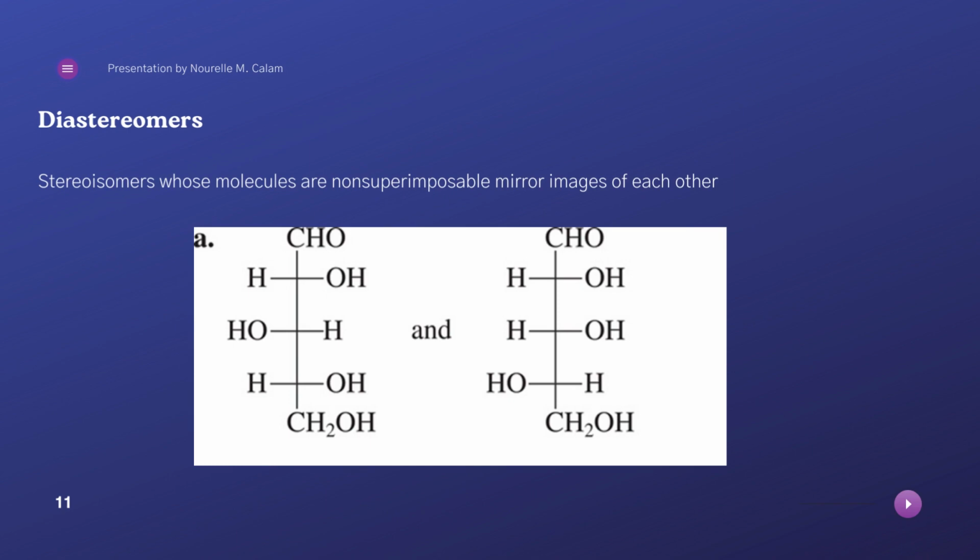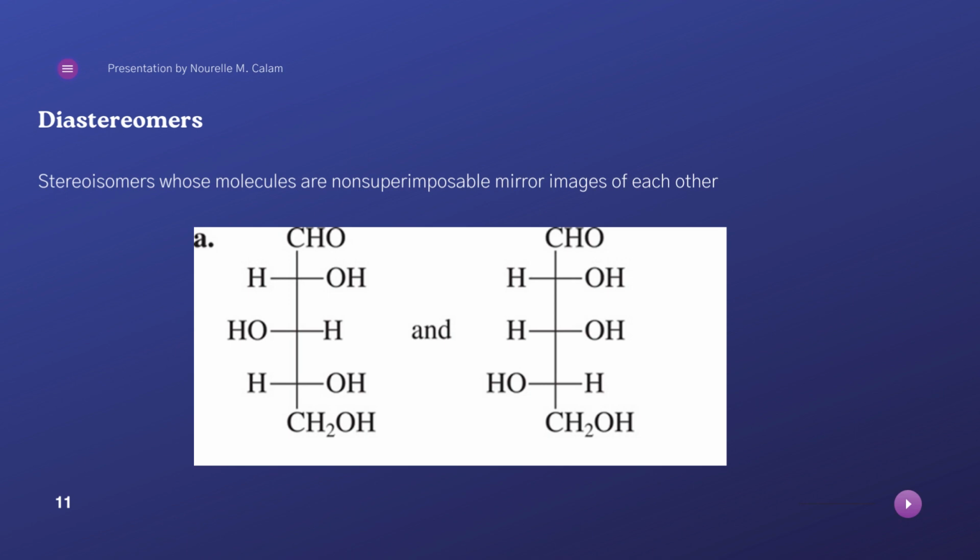Makita nato sa carbon number 2. Makita nato that the H and the OH are attached similarly between the two molecules, right? At carbon number 2 or the first chiral center, makita ninyo nga H is on the left side among the two molecules, diba? Whereas the OH are both on the right side.